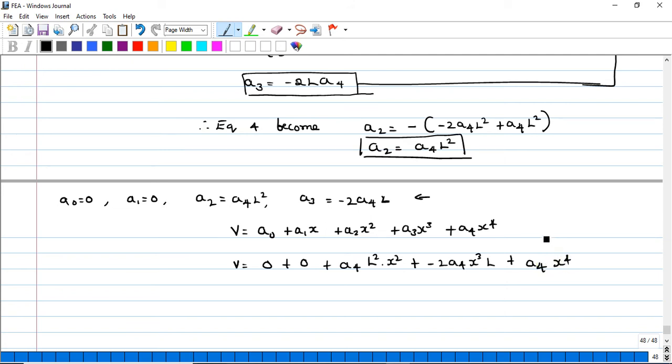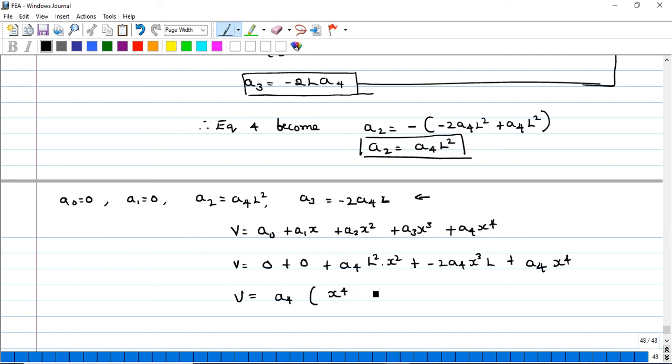So this will be our function, and I will write it in a simplified form by taking a4 as common. Then v is equal to a4, within bracket, x raised to 4 as a first term.